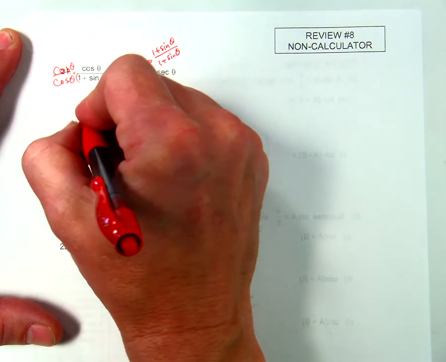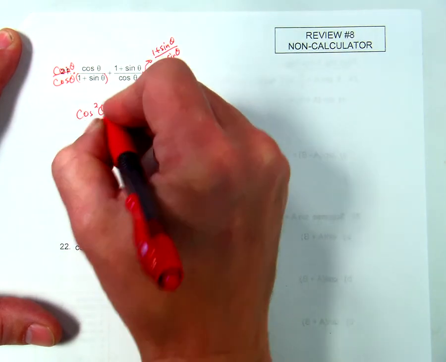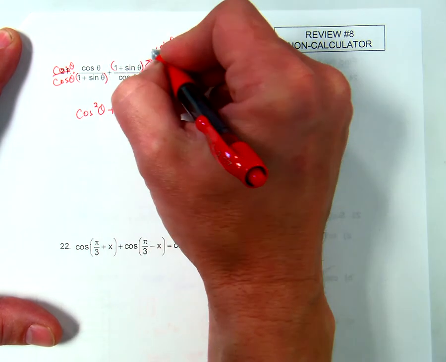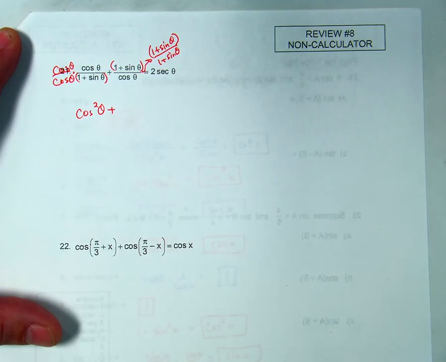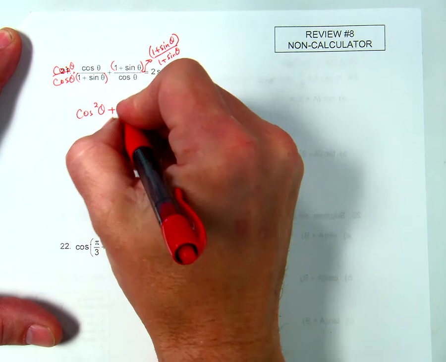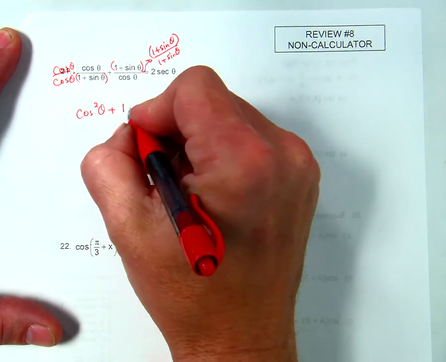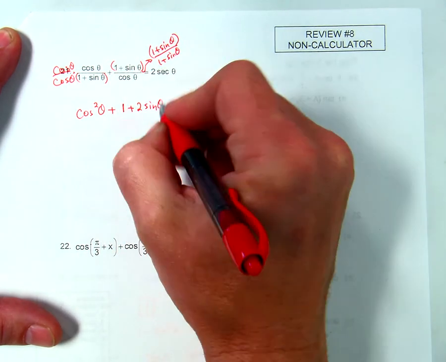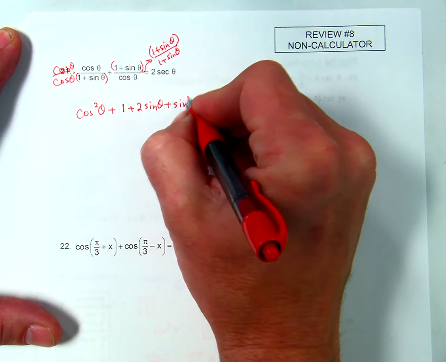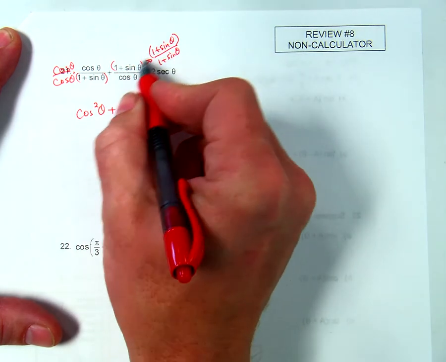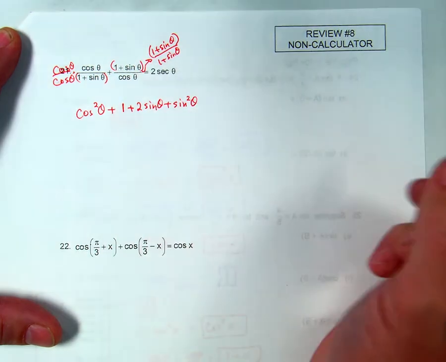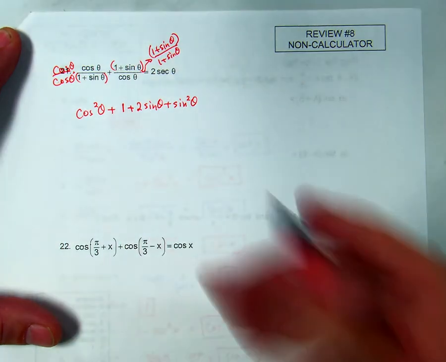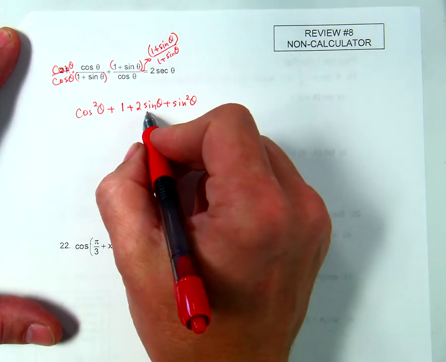We're going to have cosine squared theta plus, and if I multiply this together, that's a perfect square. We square the first term, we multiply them together and double it, and then we square the last term. That is how you take a binomial squared, and it's a simple way of doing it without having to go through the other, longer method of adding your two middle terms together.